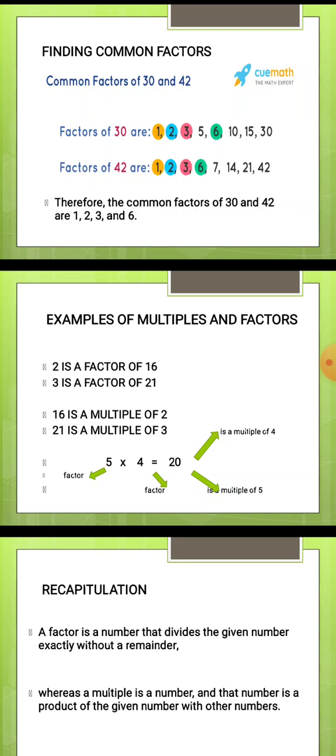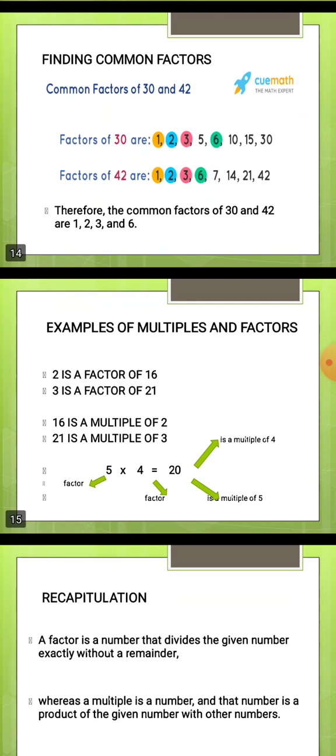So you can see here 1 is the smallest factor and 30 is the largest factor. So always keep in mind, whenever you are finding the factor of a given number, 1 will always be the smallest factor of that number, and the number itself will be the greatest factor of the number.